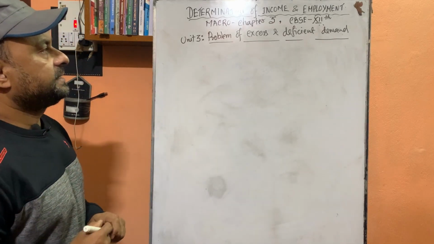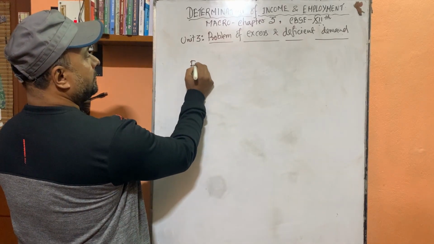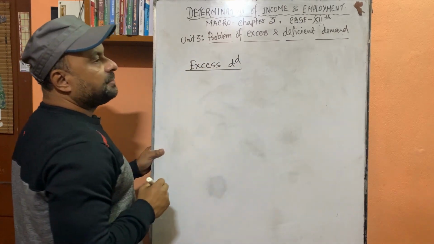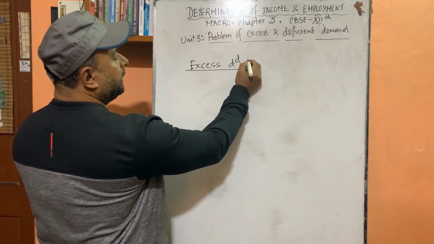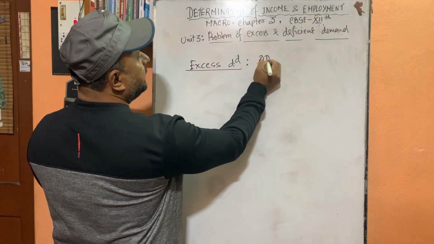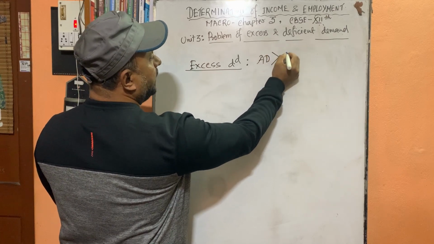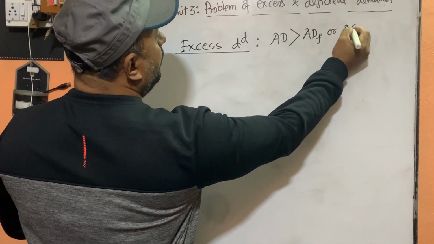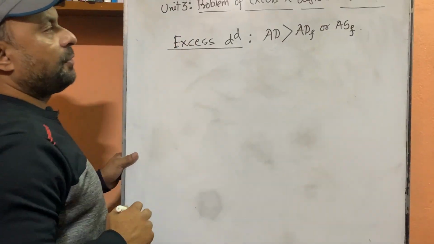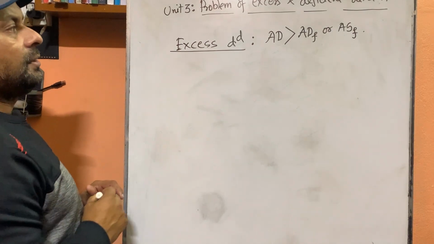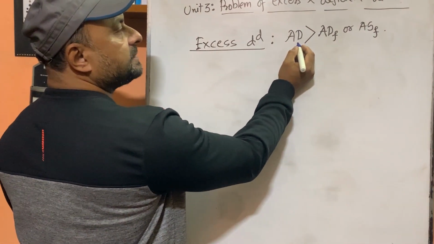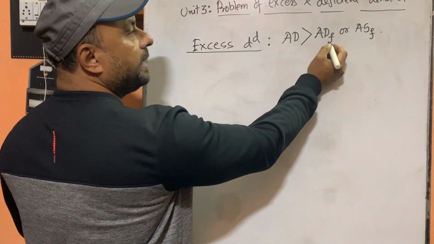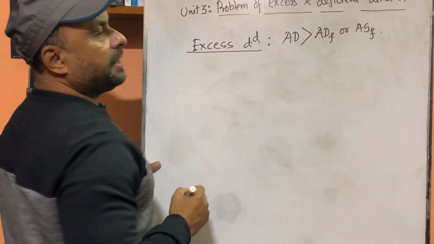Now, first is excess demand. Excess demand means more demand. That is, when the country's current aggregate demand becomes more than the aggregate demand required at the full employment level, or the aggregate supply required at full employment.